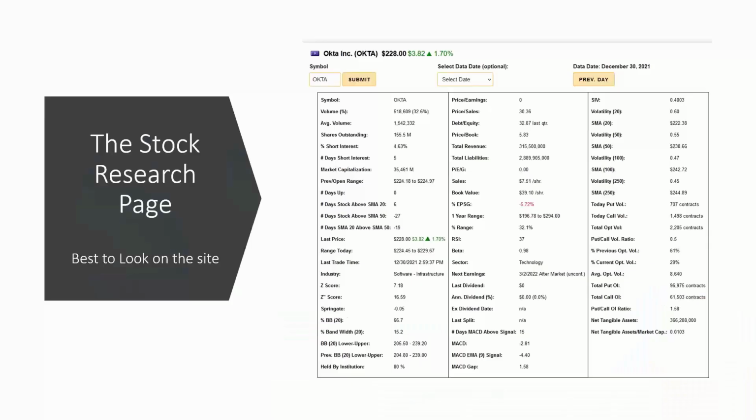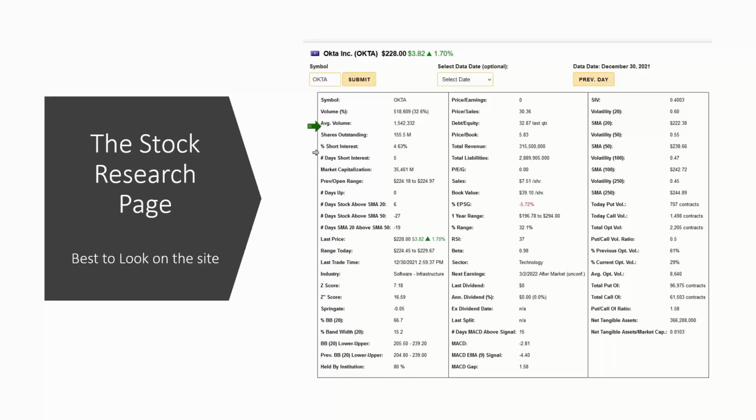Now, the stock research tool shows all of the data that we have available on PowerOptions. Everything from percent short interest, broker recommendations, number of days up, number of days above the SMA 20, earnings per share growth, next earnings, next dividend, put and call volume ratios, volatility, and so on and so forth.